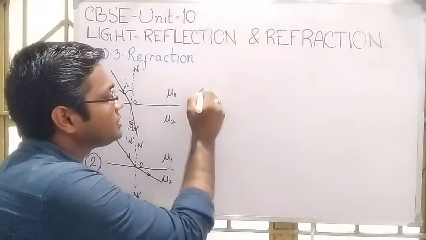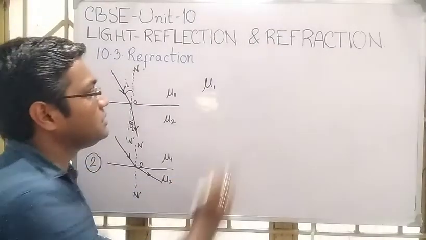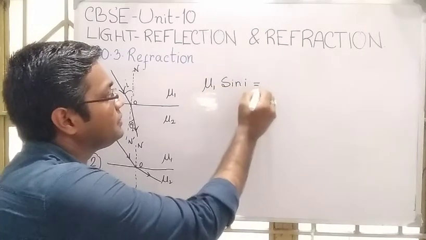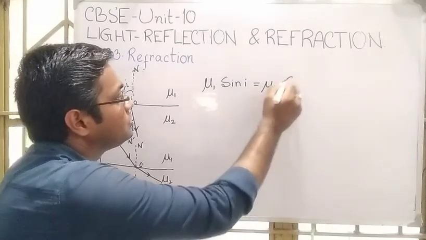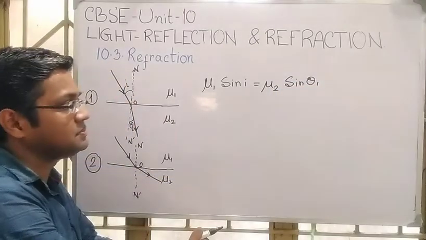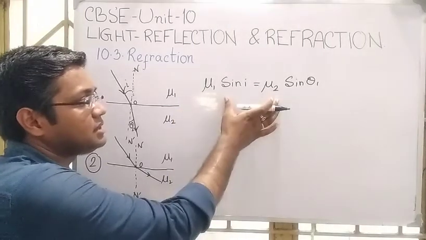Snell's law of refraction can be written as mu1 sin I equal to mu2 sin θ1. I just take these relations as arbitrary.